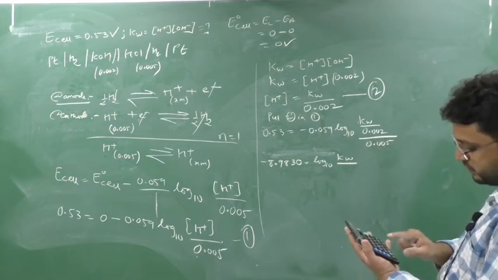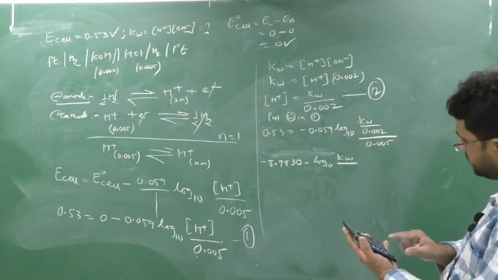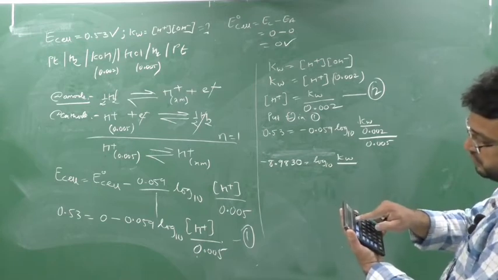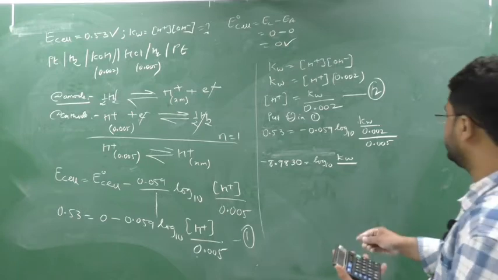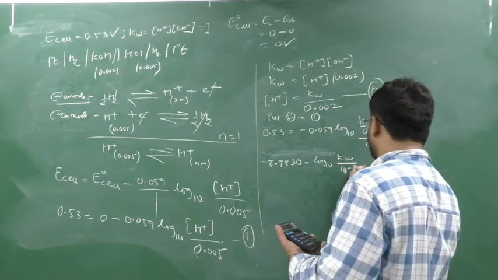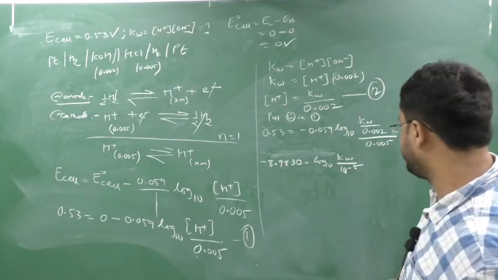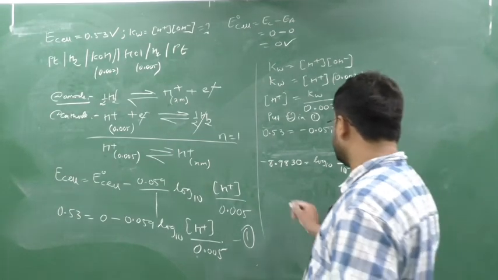So 0.002 multiplied by 0.005 is 10 to the power minus 5. Clear?